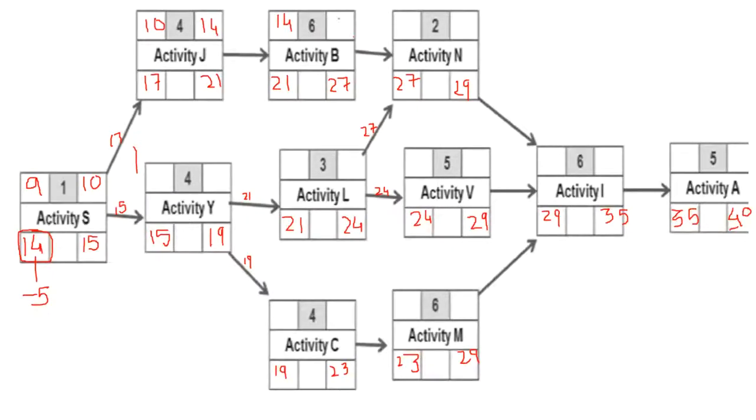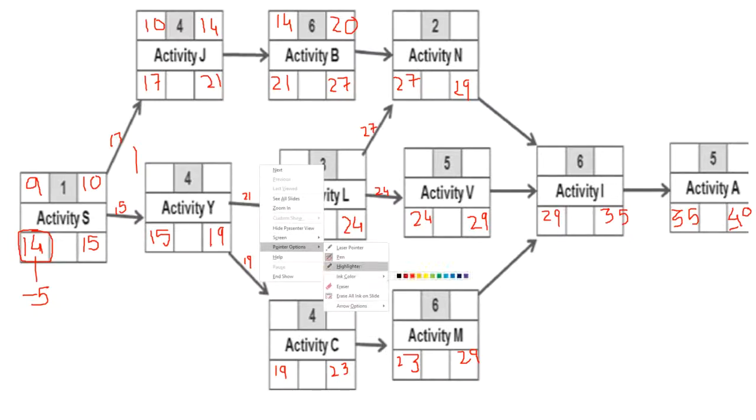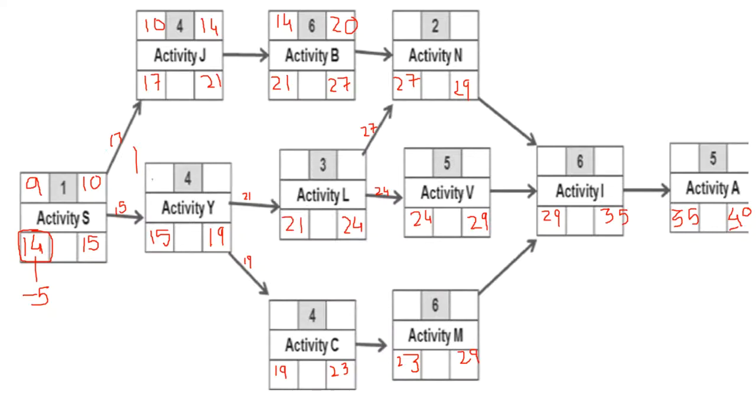early start of activity B is 14, and early finish would be 20. Let's change the color to differentiate the forward pass from the backward.